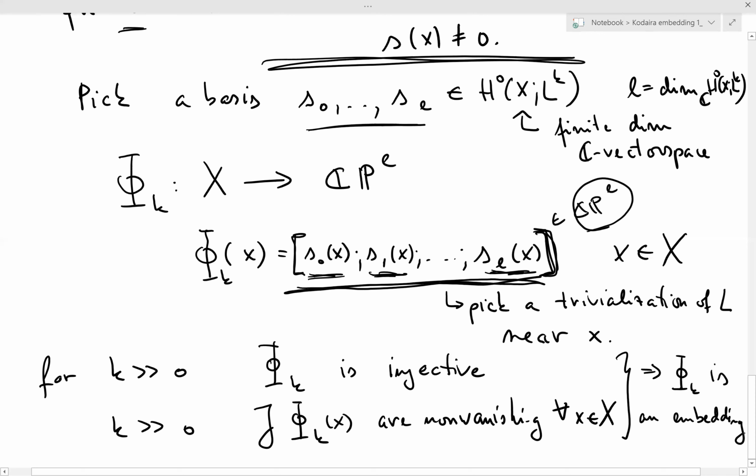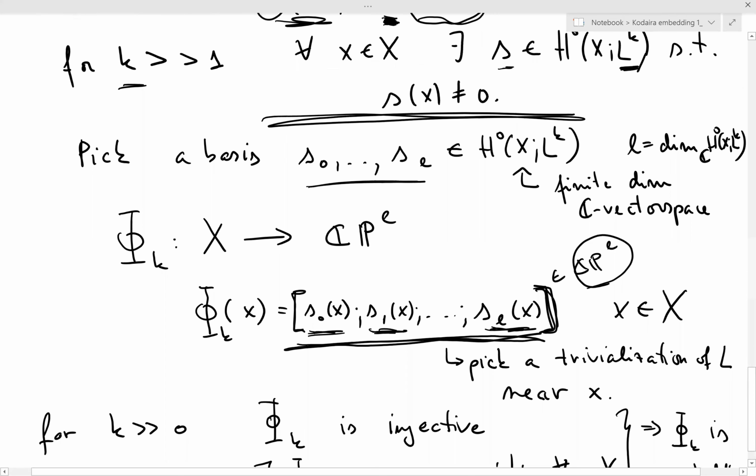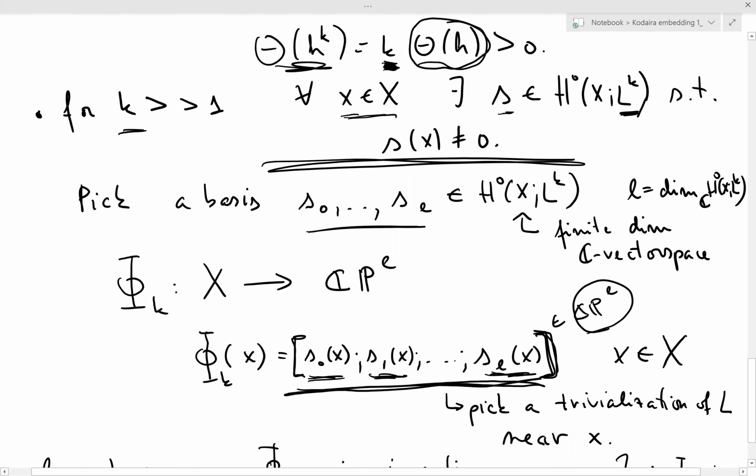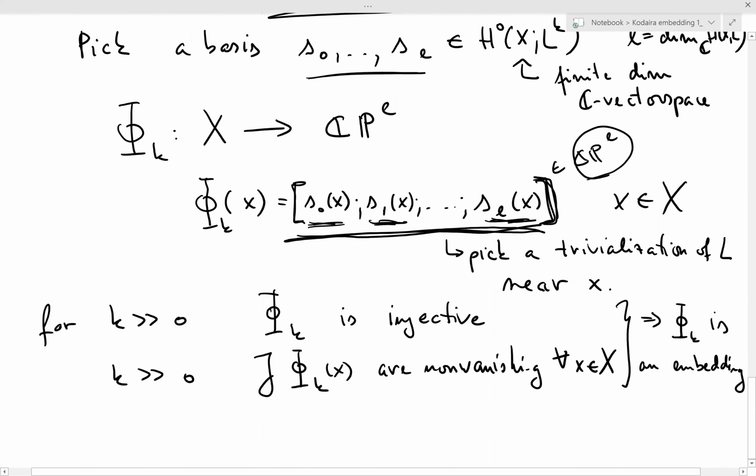And then again, there are three things to argue. The first one is this one. For k high enough, given a positive line bundle, you can find non-vanishing global sections near all the points of your manifold by taking higher and higher powers. Next, with that property, we'll be able to define this map.